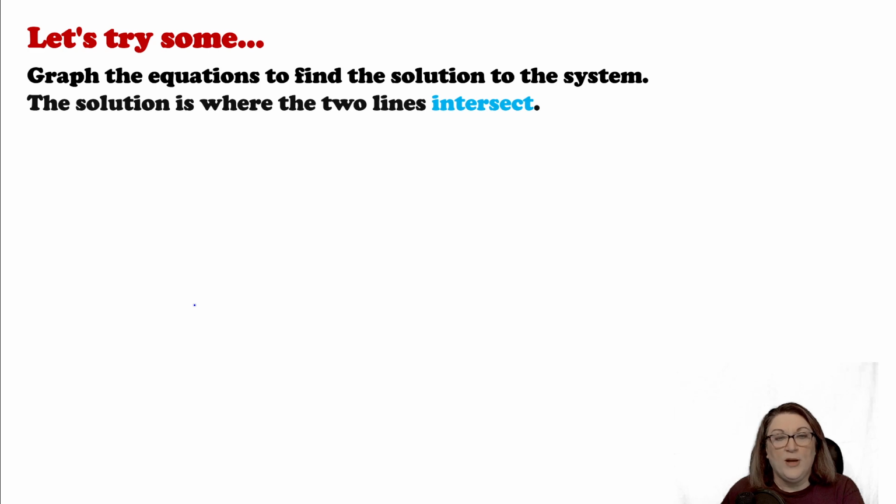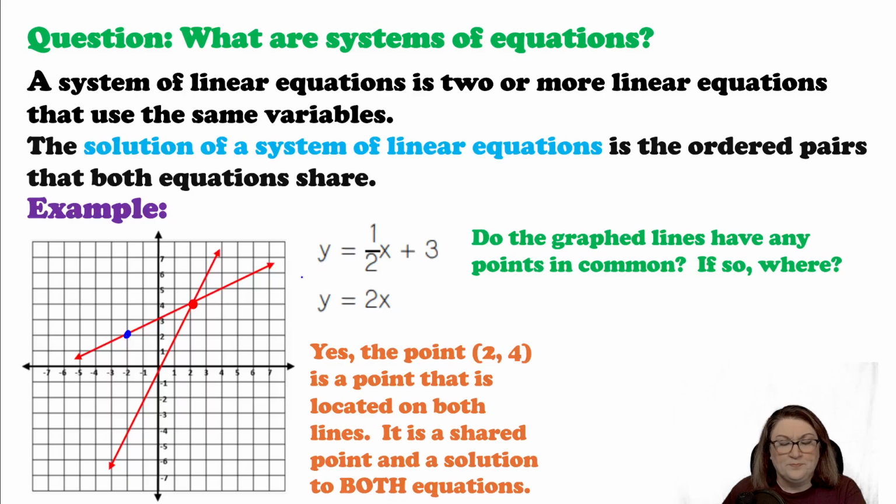It says graph the equations to find the solution to the system. Actually, before I do this, there's one more thing I want to mention. If you ever want to check to see if the solution you get actually works with both equations, you can substitute that point in. Let me explain what I mean by that. This point that we found as our solution is x and y.